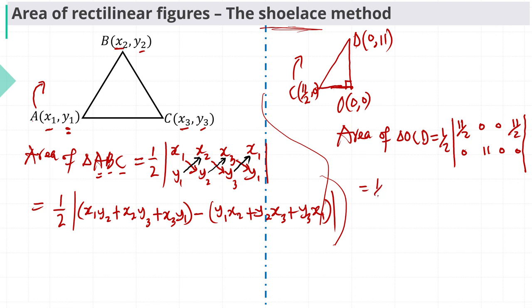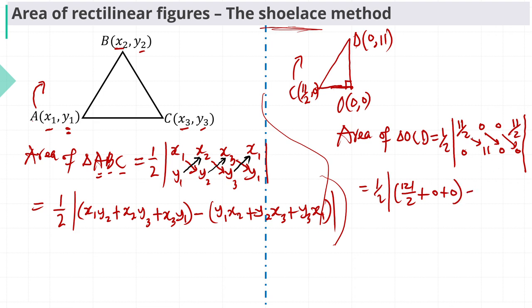Next, absolute of, take the sum of the downward products. 11 out of 2 multiply 11 gives you 121 divide 2 plus 0 multiply 0, 0 plus 0 multiply 0, you are getting 0.